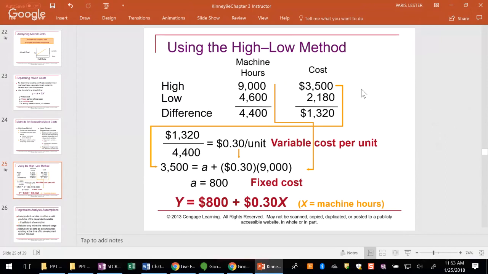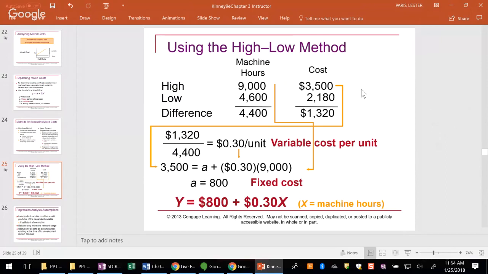Take 9,000 units times decimal 30. $2,700. Now subtract 2,700 from 35. You get how much?